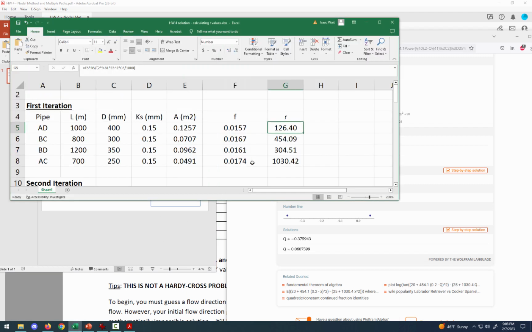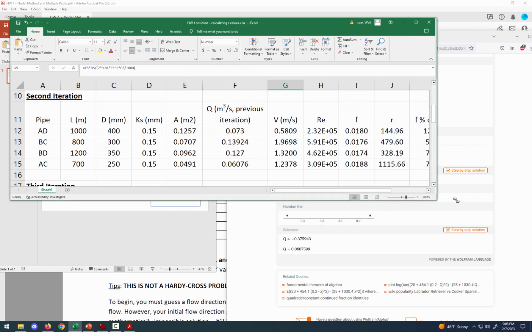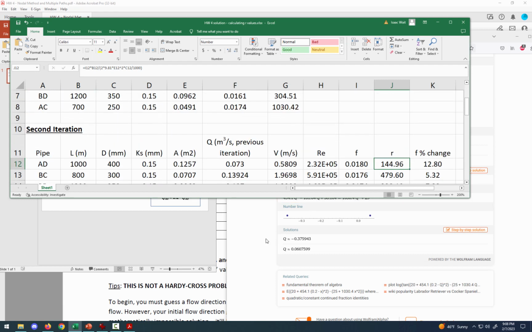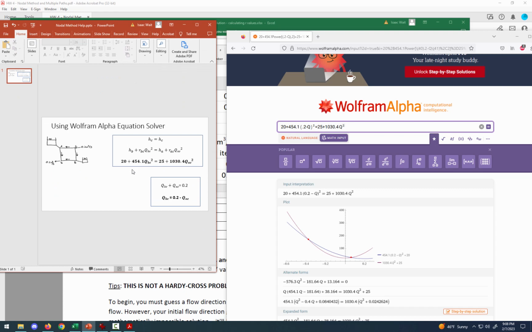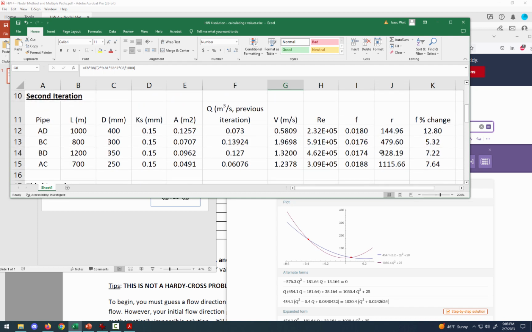I can go back over to the spreadsheet, and in my second iteration, since I actually have flow rates, I can base my new F value calculations on the full version of the Jain equation, which takes into account the Reynolds number. So you have some updated R values. My first iteration R values were 454 and 1030, and now the updated ones are 479 and 1115.